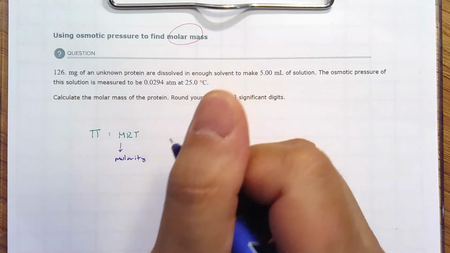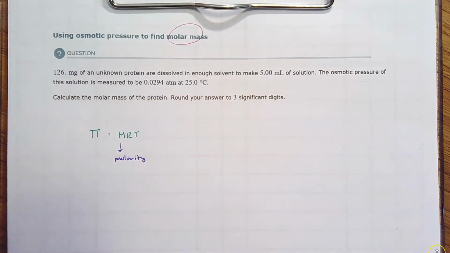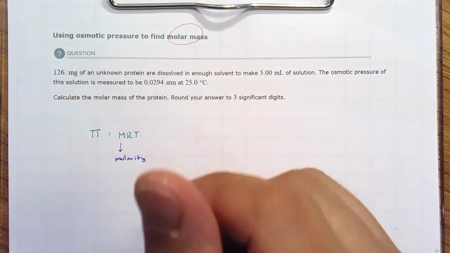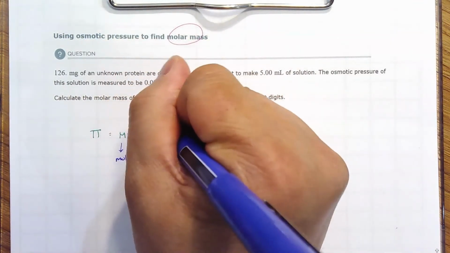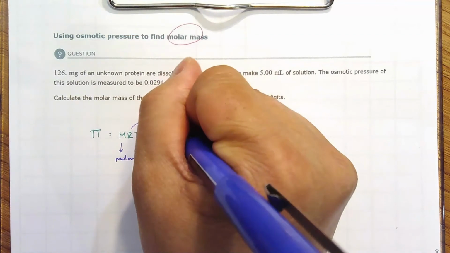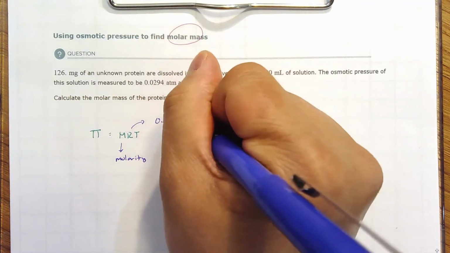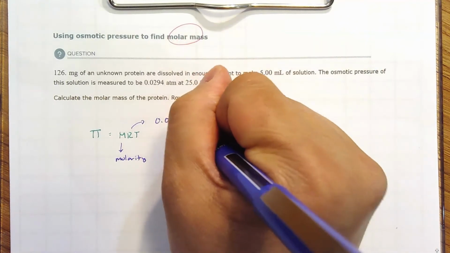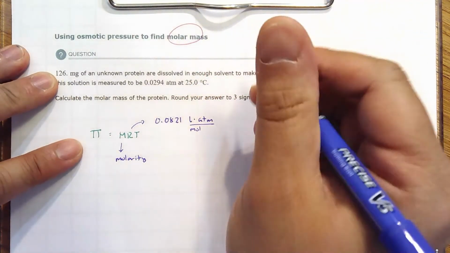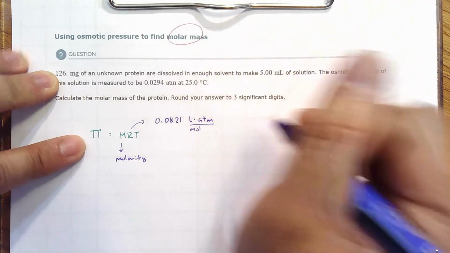The symbol for molarity is big M, but we know also that can be broken down to moles per liter. R is 0.0821, and let me just put the units because I want to make sure that we end up with a unit that makes sense for osmotic pressure.